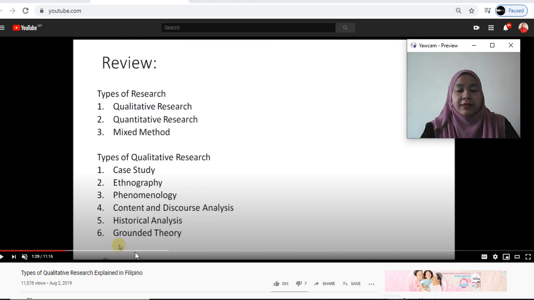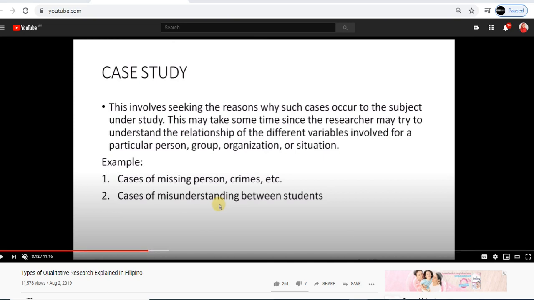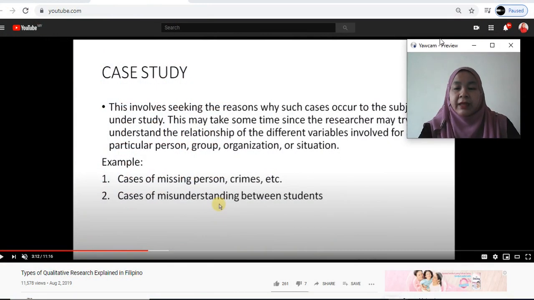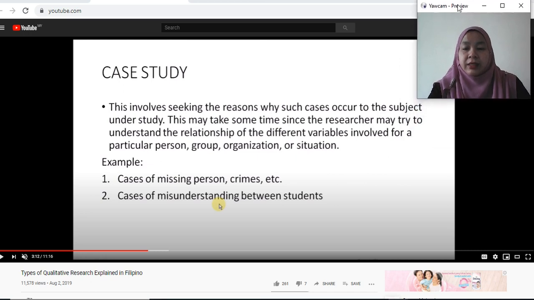Okay, let's look at the first type of qualitative research, which is case study. By definition, case study involves seeking the reason why. Remember this is qualitative; it works on why and how questions. It involves seeking the reason why such cases occur to the subject under study.